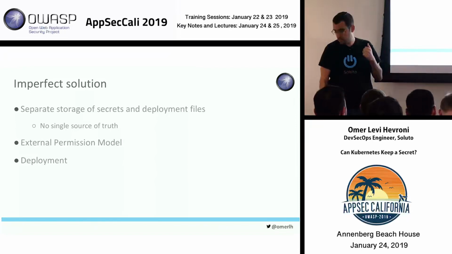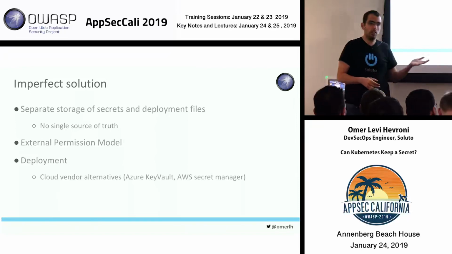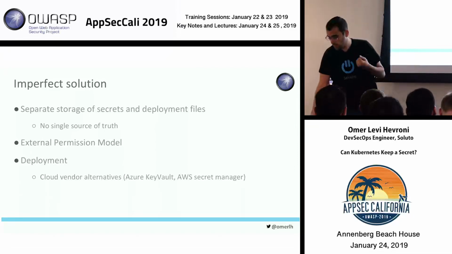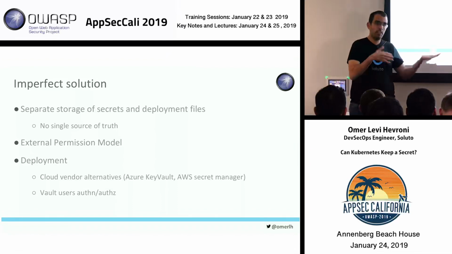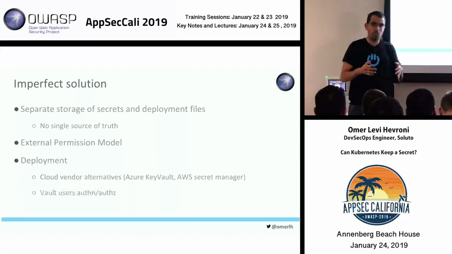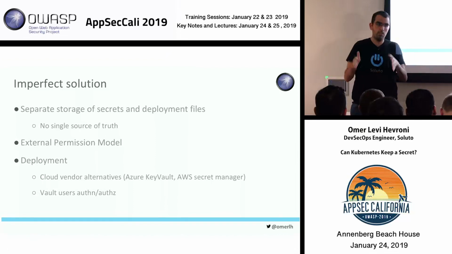At this point, it's important to remember that there are good cloud vendor alternatives, which make the deployment a bit easier, but you still need to solve the problem of authentication and authorization to the Vault. There's the problem of the access control, which I talked about, and especially it creates another place of access control. You have Kubernetes resource-based access control, which you need to manage, and now you have another one totally external to Kubernetes.